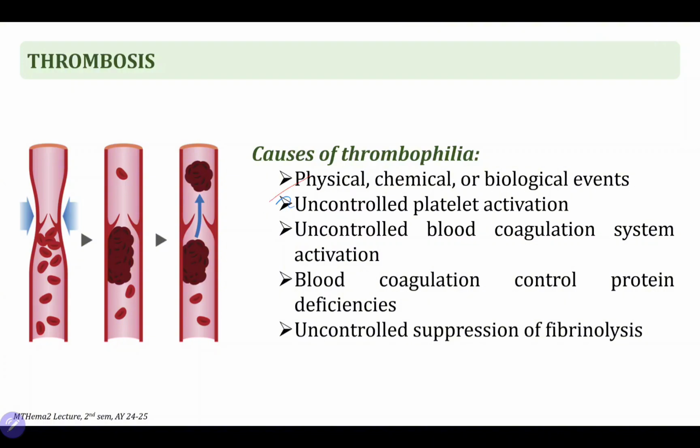It may also be due to uncontrolled platelet activation and blood coagulation system activation. It may also be a deficiency of regulatory proteins responsible for inhibiting the activation of coagulation. And lastly, it may also be caused by uncontrolled suppression of your fibrinolysis.